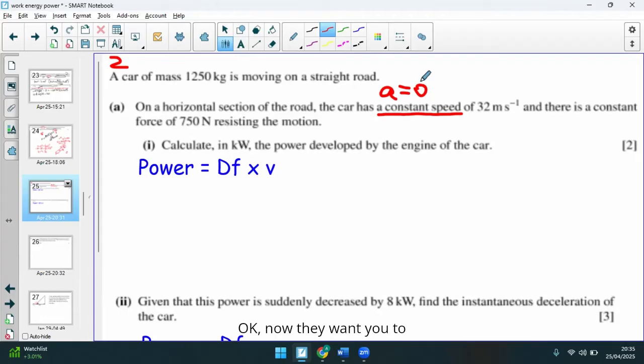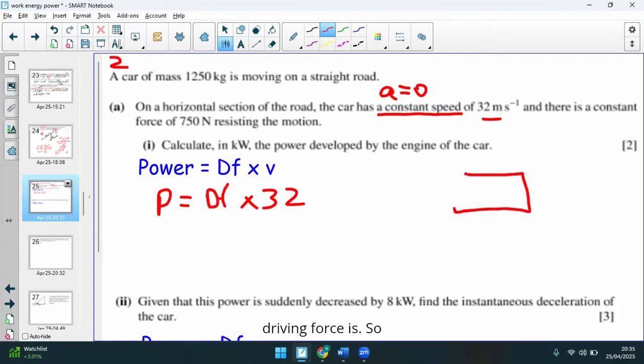Now they want you to calculate the power, right? So power equals driving force times velocity. Velocity is 32. We don't know what the driving force is, so let's see if we can find it somehow.